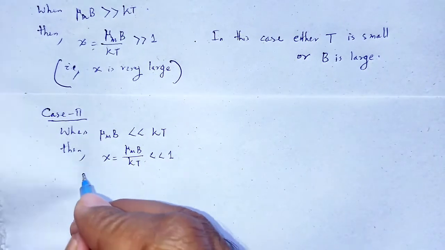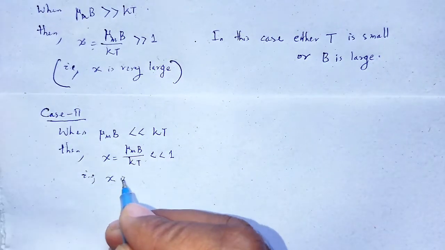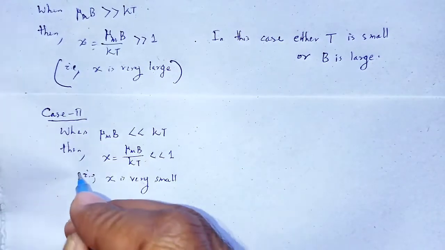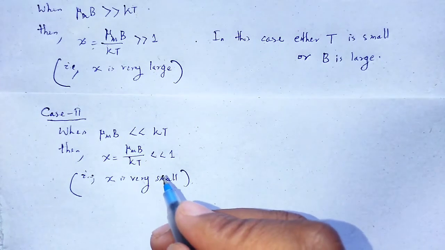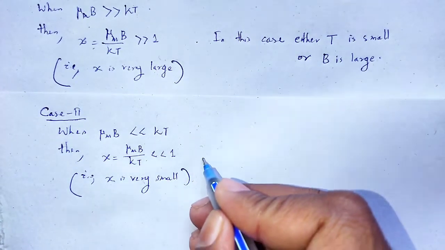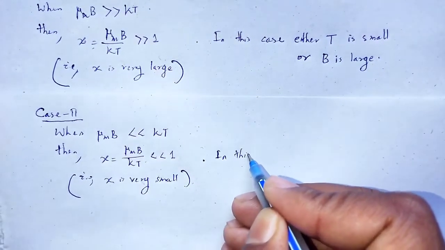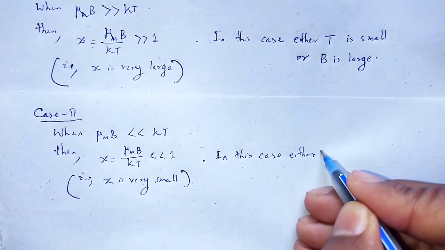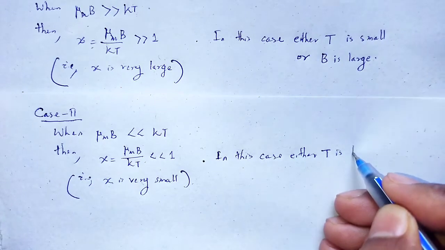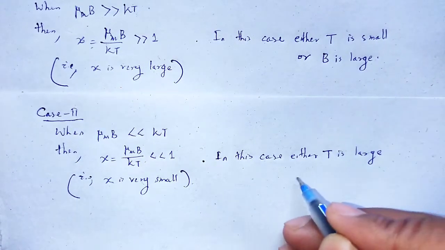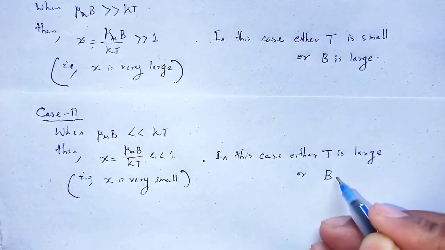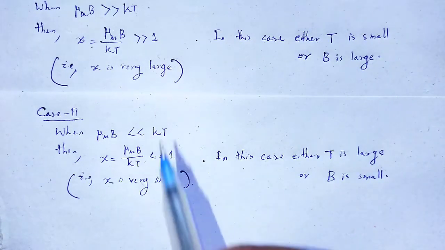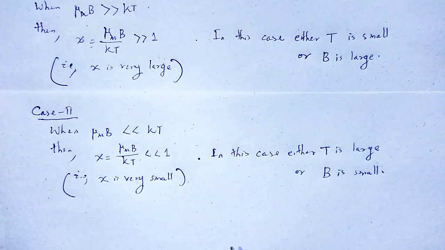At that condition, x is very small. In this case, either T is large or B is small, just the opposite of case number 1.